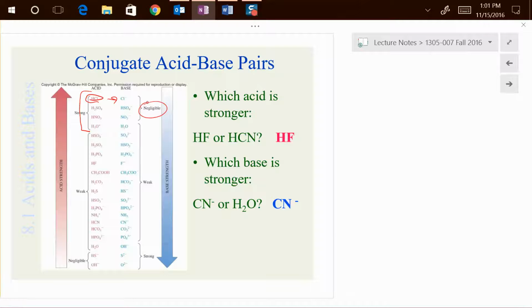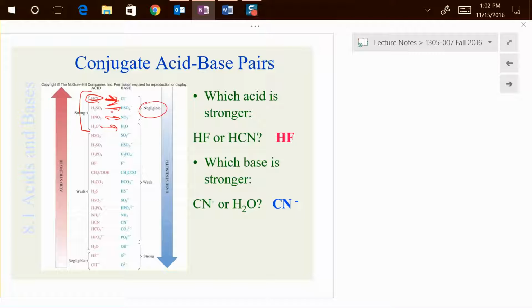It's not going to accept hydrogen and go back to HCl. So this is a single arrow. No double arrow. Okay? That's why these all have single arrows, because the conjugate base that they produce is not strong enough to push backwards. It will not accept hydrogens and go backwards. Okay? So it goes one way.